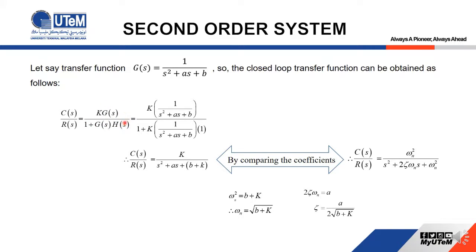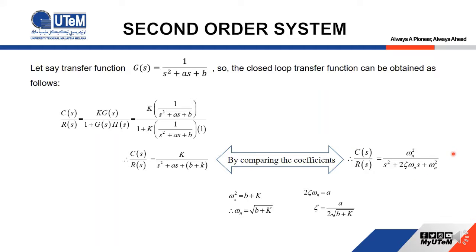G(s) here refers to this G(s), and H(s) refers to the unity feedback equal to 1. After we solve this, we get C(s) over R(s) equal to k divided by s squared plus as plus b plus k.